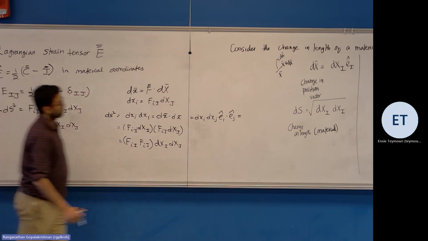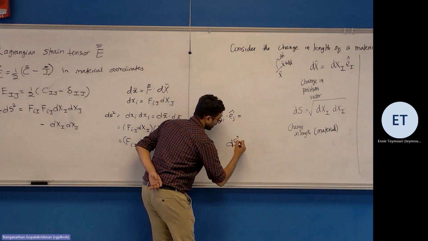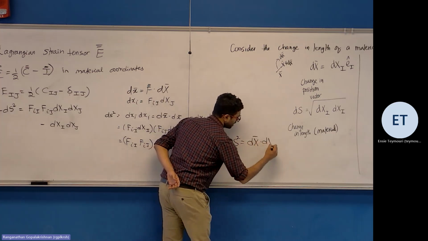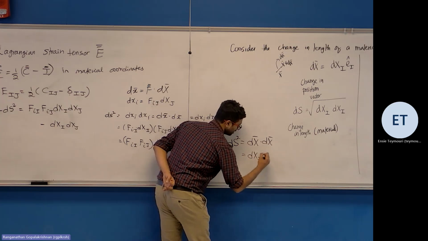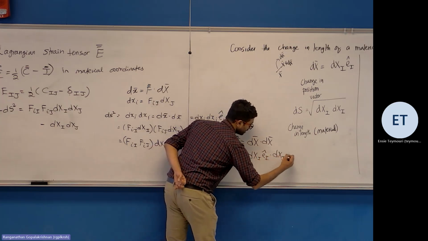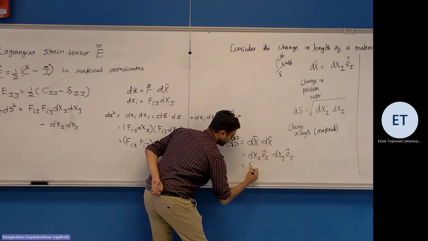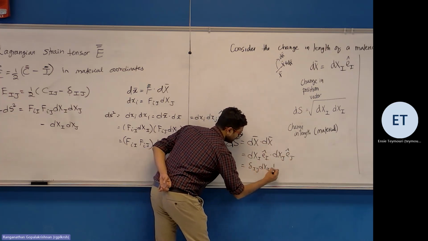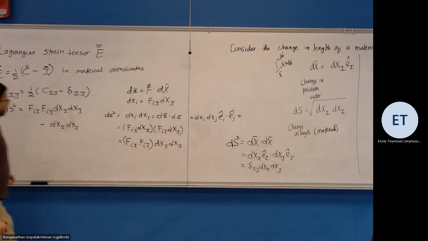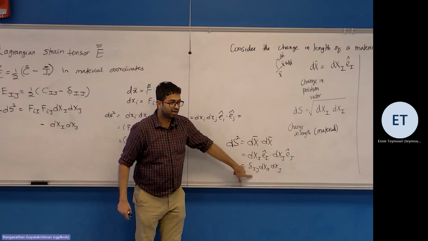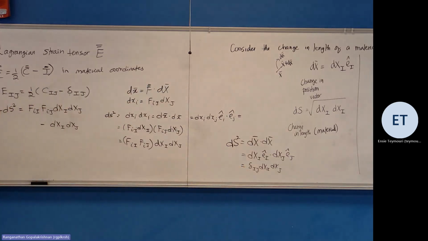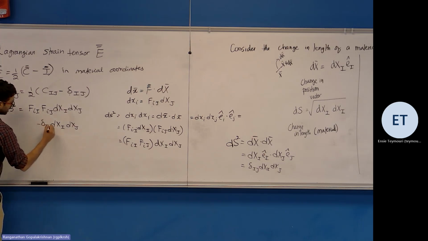What is dS? dS squared is dX dot dX, which you can write dXi Ei dot dXj Ej, which will get you delta ij dXi dXj. That's what we just skipped and wrote directly here. It's just going back and reintroducing the delta. So I can write this ds squared minus dS squared is equal to minus delta ij times dXi dXj.